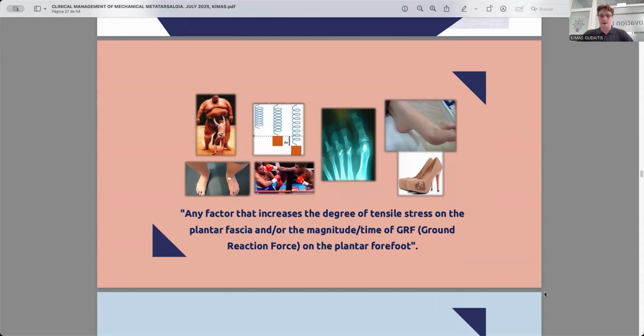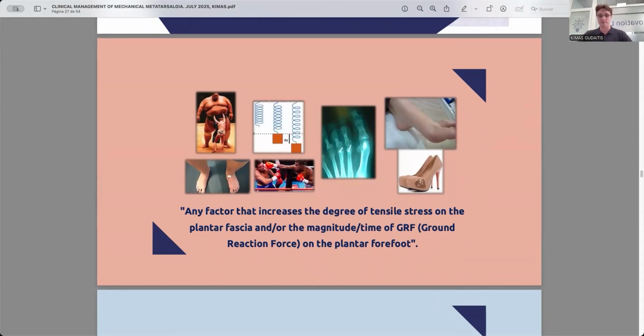Some common examples are excess body weight, the medial deviation of the subtalar joint axis, or post-surgical changes, especially when the second toe is elevated. And don't forget patients who wear high heels regularly, because they create constant overload in the forefoot.